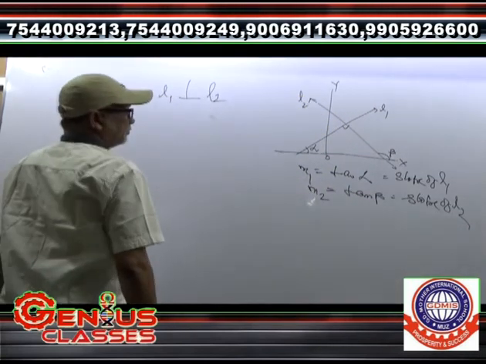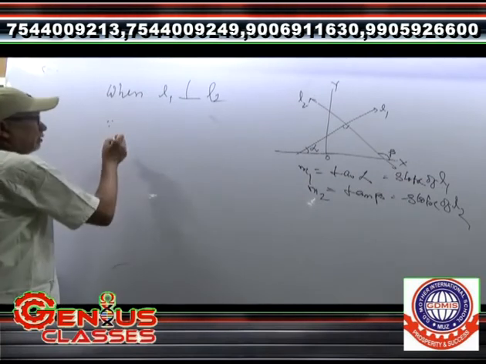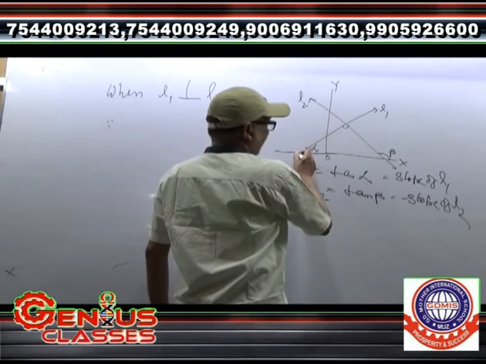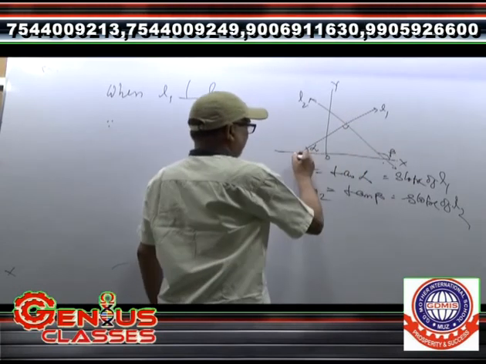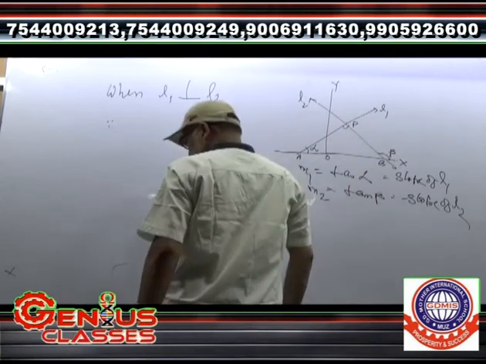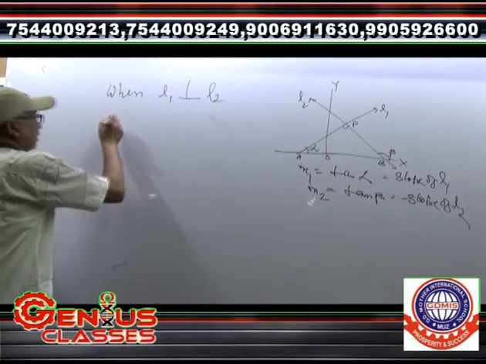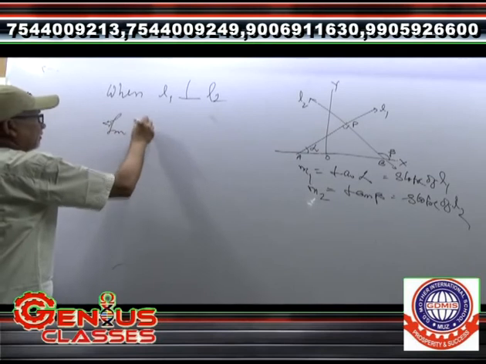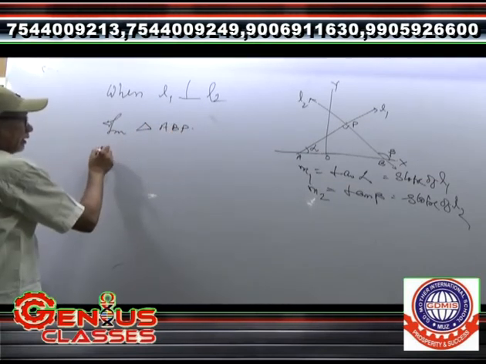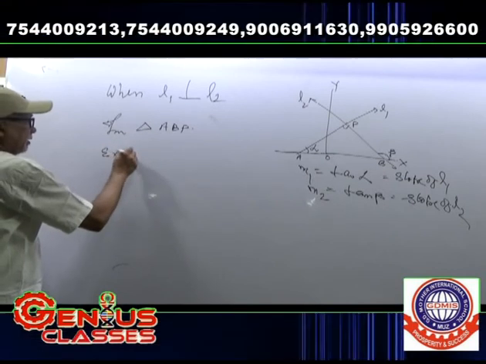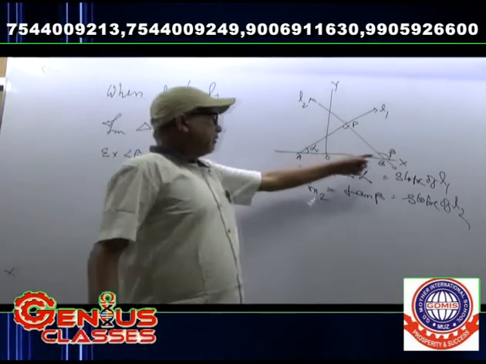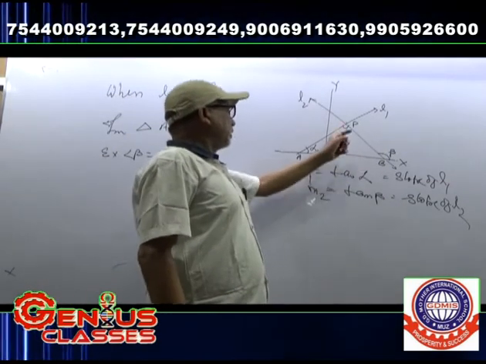Now, चूंकि in triangle ABP, exterior angle beta is equal to sum of two interior opposite angles.